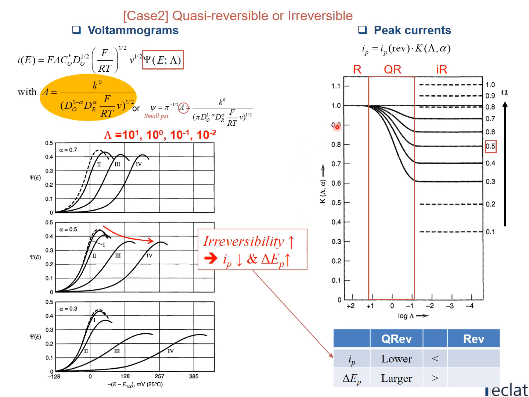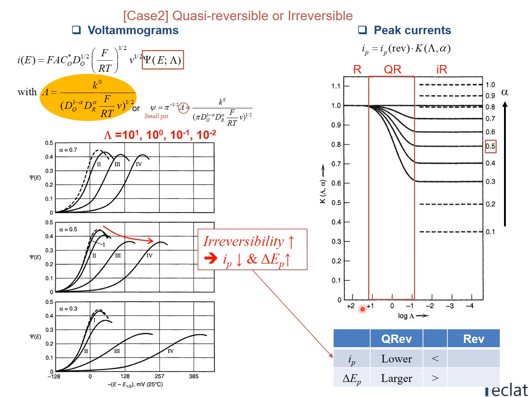Okay, let me check the peak current behaviors. The x-axis is lambda, and from the left to the right, lambda decreases from 100 to 10 to the minus 4 or something like that. The y-axis is the ratio of the peak current versus the peak current of the reversible system.